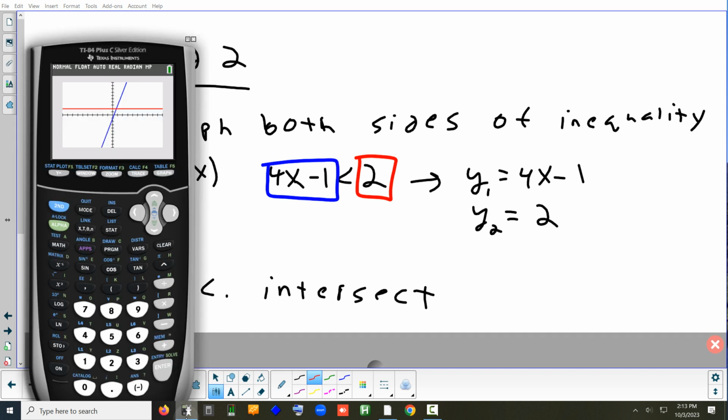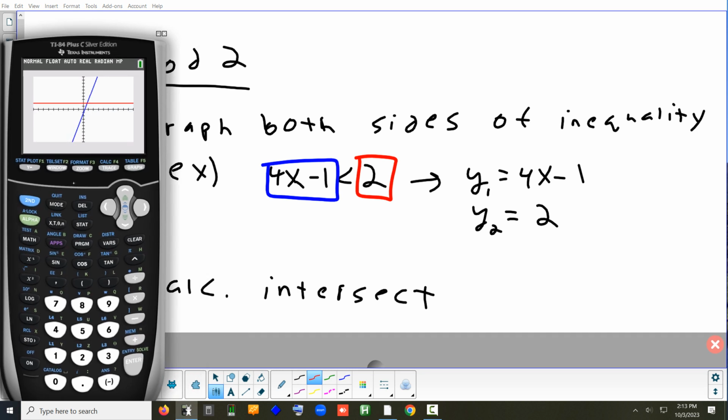And then your answer is either going to be everything below the intersection point or everything above. It depends what you're looking for. In our case, we want everything where the blue is under the red. So let's do second calc intersect. And I don't know how well you can read it, but it says the intersection point is 0.75.